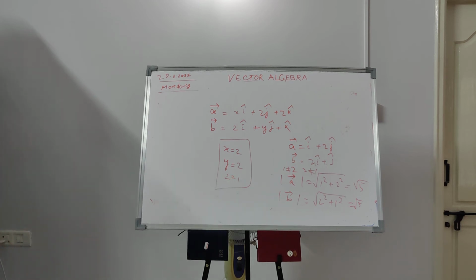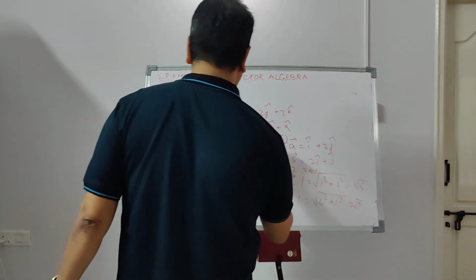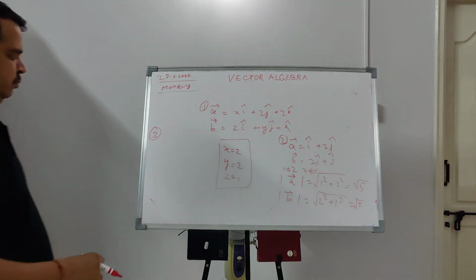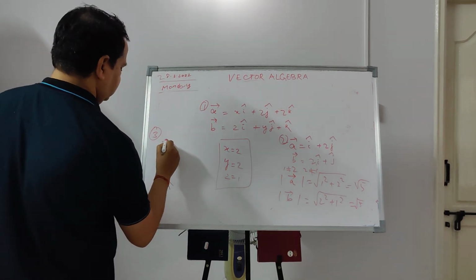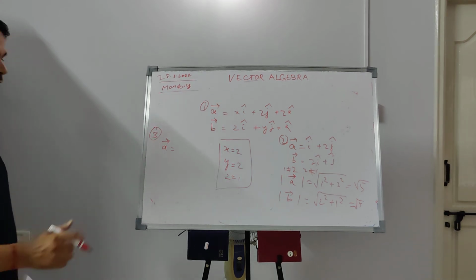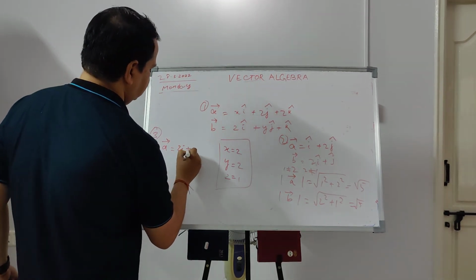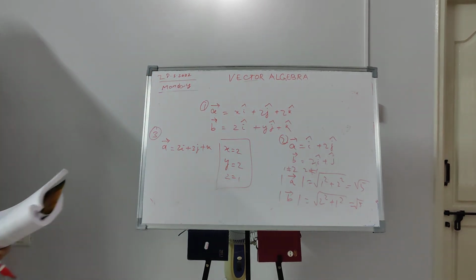So this is example 1, this is example 2. Now let us do another example: find the unit vector of a vector A. Let us say the vector A is 2i plus 3j plus k.